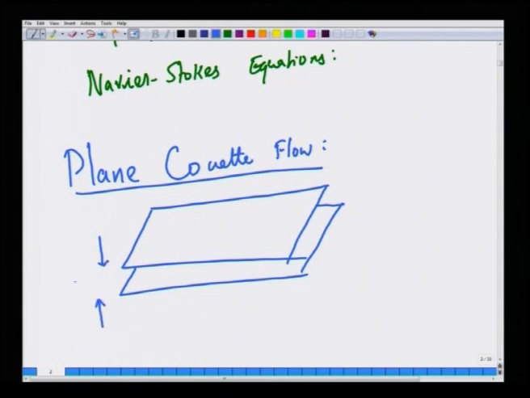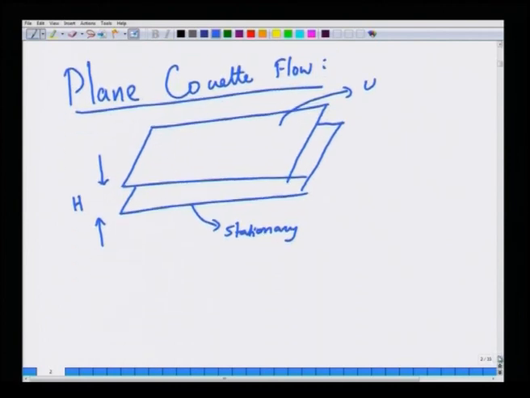The bottom plate is stationary and the top plate moves with a constant velocity u. And we want to find what is the velocity profile that is present in between the two plates.